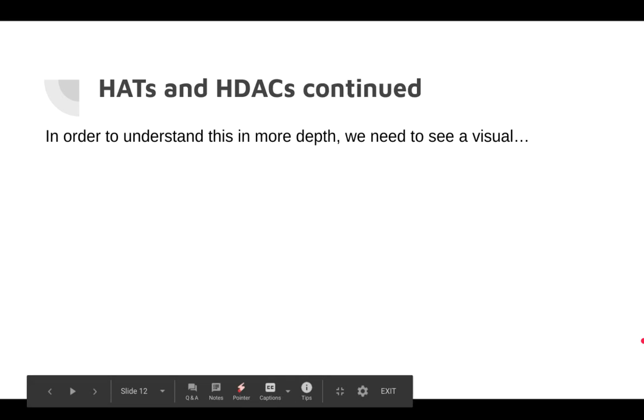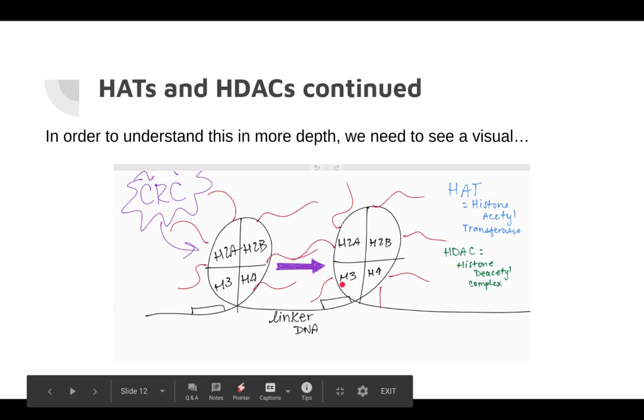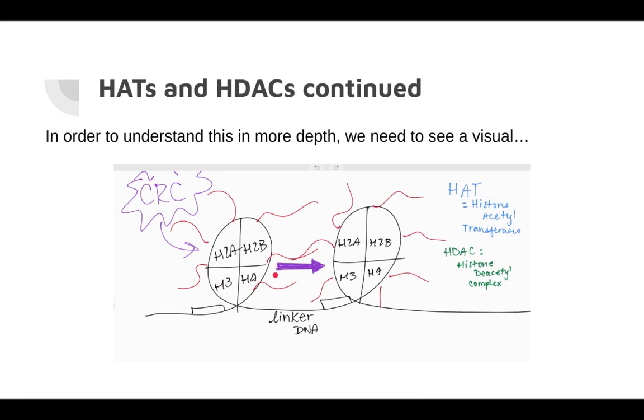Now, I went ahead and drew, or tried to draw, the image of the nucleosome. We want to move this nucleosome in the direction of the purple arrow. We want to get this guy to go over here. The first thing that we need to do is call in a HAT. We need to call in HAT to come onto these lysine-rich nucleosome tails, which are positively charged.